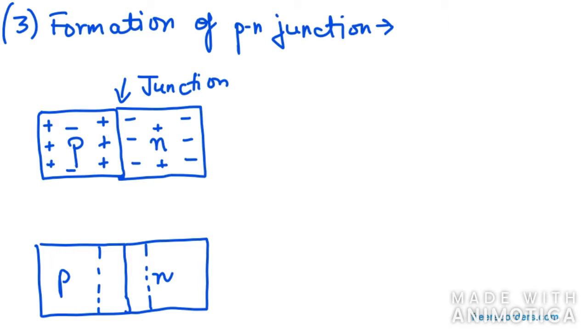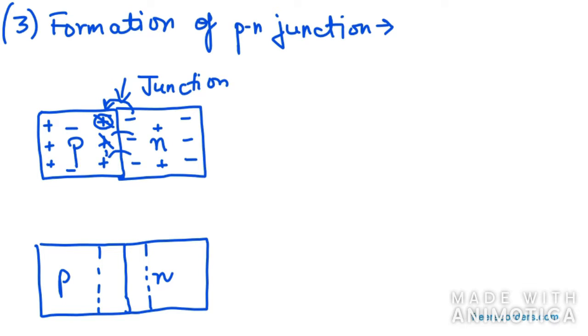Now as you know, we have a high concentration of holes in p-type and a high concentration of electrons in n-type. Due to this high concentration of different types of charge carriers in the two sections, holes from the p region diffuse into the n region and electrons from the n region diffuse into the p region. When these negative electrons come over here, they neutralize the effect of positive and negative, so they get cancelled.